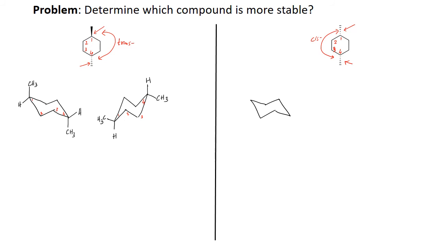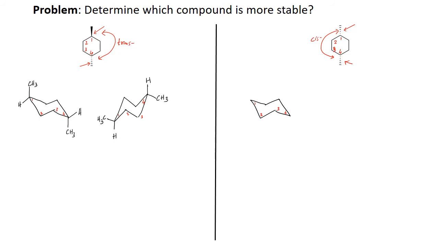Now in this particular case, both methyl groups have a cis stereochemical relationship with each other. And that means if I put one of these methyl groups on the axial position on carbon number 1, then it should end up in the equatorial position on carbon number 4.